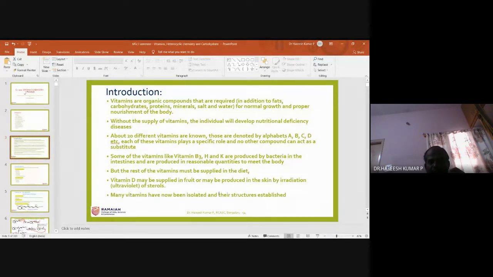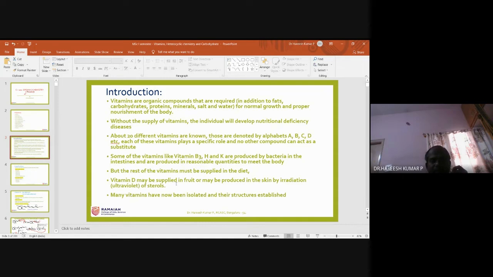I think you know that. Our skin synthesizes vitamin D when the skin is exposed to sunlight. Anyway, when we discuss vitamin D, we will explain more about this.